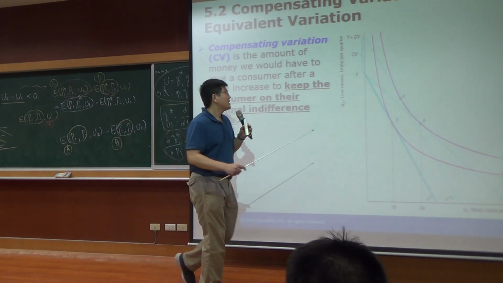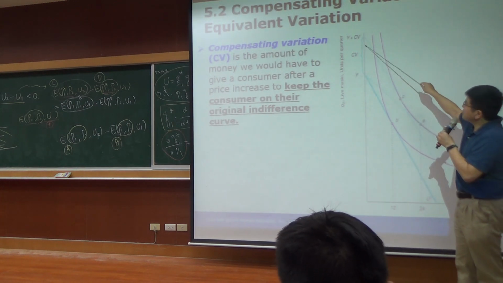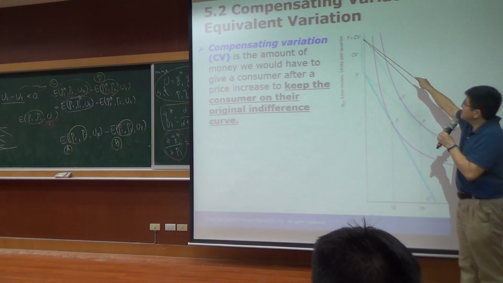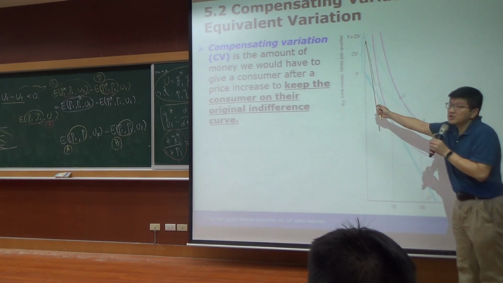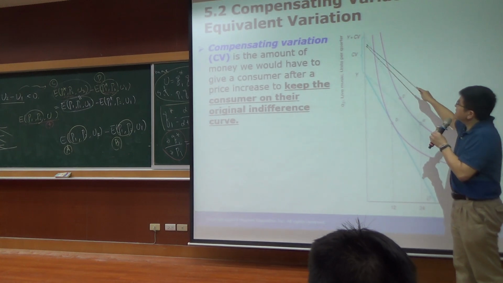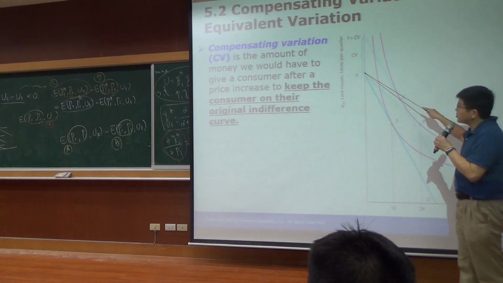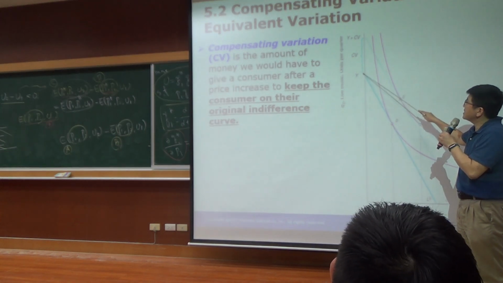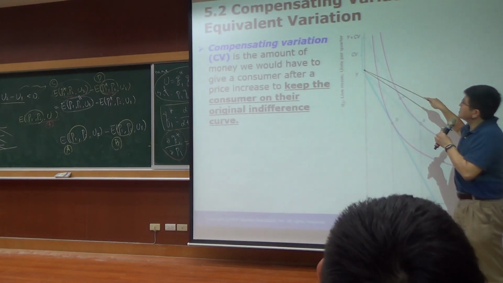Understand? So the vertical difference on the vertical axis is actually the difference in expenditure if we set P2 to be 1. Okay? So this would be Y, and this would be Y plus CV.